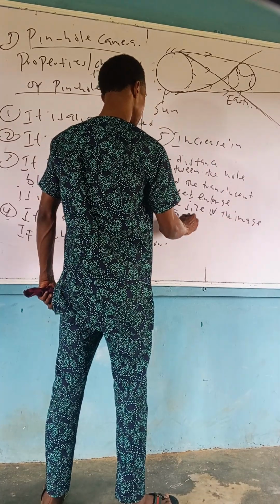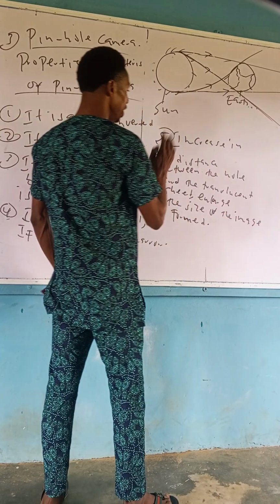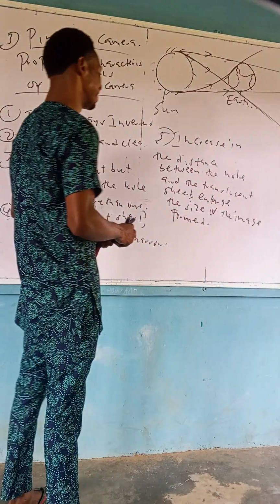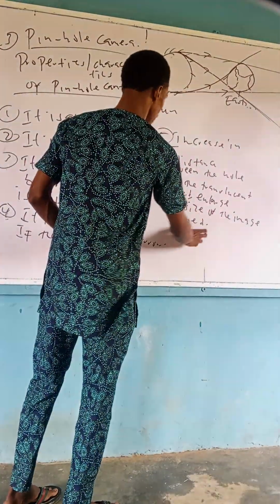Everybody take note of that. Increase in the distance between the hole and the translucent sheet enlarges the size of the image formed.